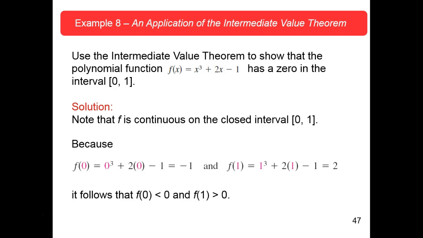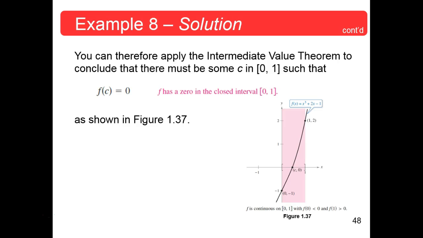So they just chose, just like you did, one endpoint was negative 1, the other endpoint was positive 2. f of 0 is negative, f of 1 is positive, so it fits the criteria. You apply the intermediate value theorem. There's got to be some value c that makes that true.